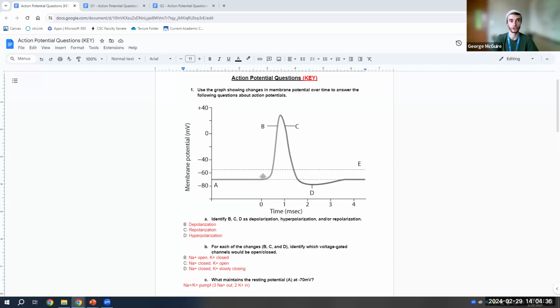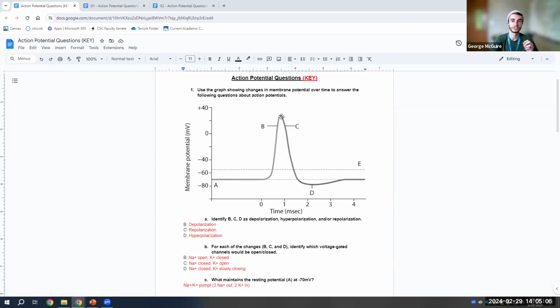It has a strong negative charge, so the opposite side of the membrane will have a positive charge in comparison, giving us our two poles. And so by bringing that charge closer to zero, that is depolarization. So in B, this large jump from negative up to positive to match the opposite side, we are shortening the distance between those poles, shortening the difference in charge between those poles. So this is depolarization.